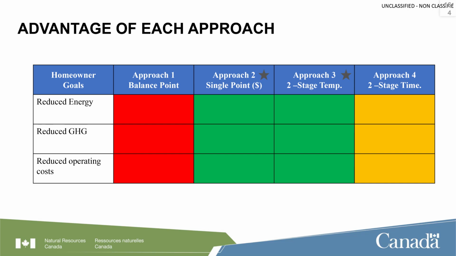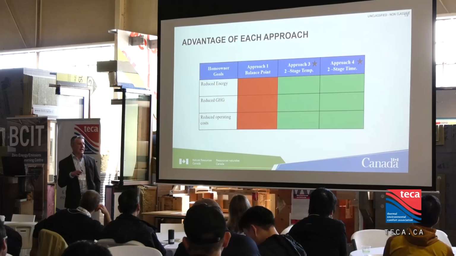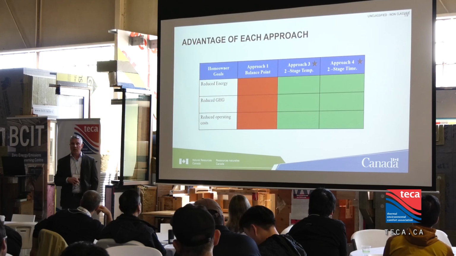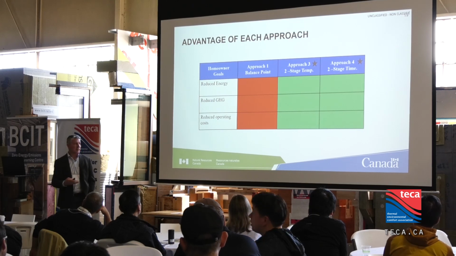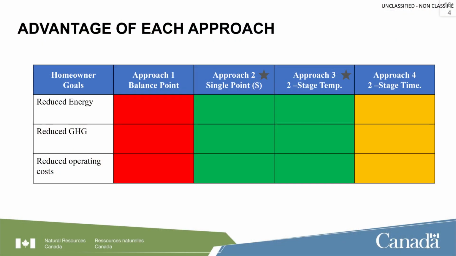Some might be just going, I want to rely less on gas, fossil fuel. So I want a heat pump, hybrid, dual fuel system, what have you. So every different control approach can vary depending on the situation and even what the homeowner may be looking for. So again, in this particular case, approach 3 and 4 were ideal for this case study.